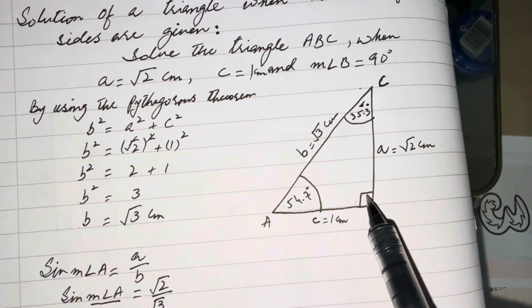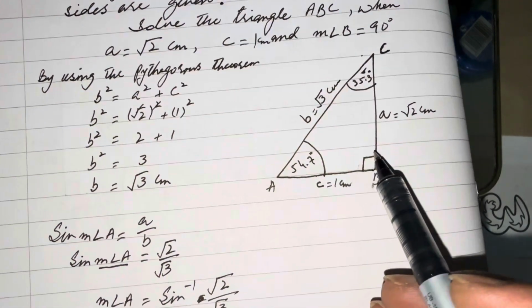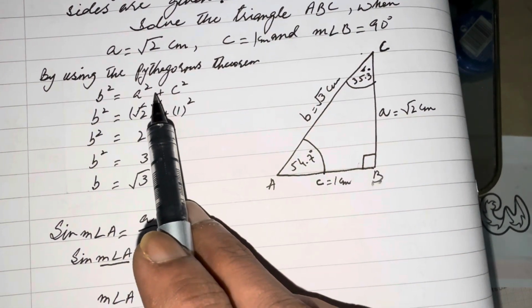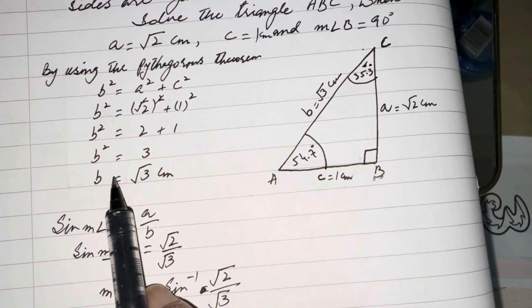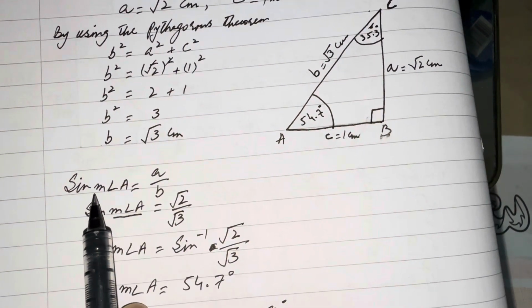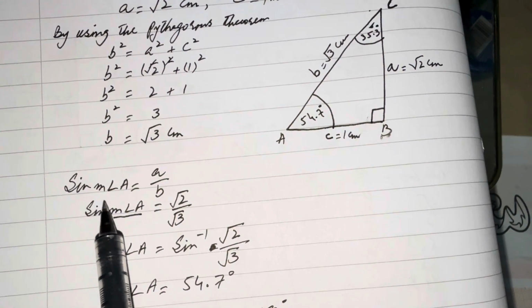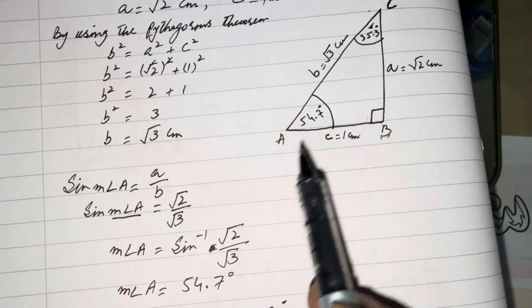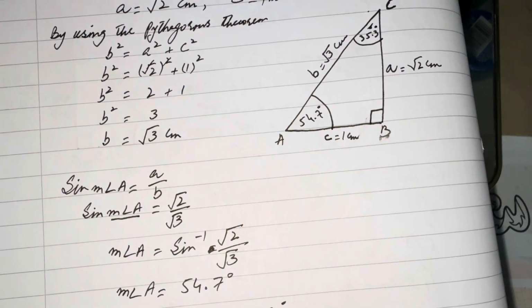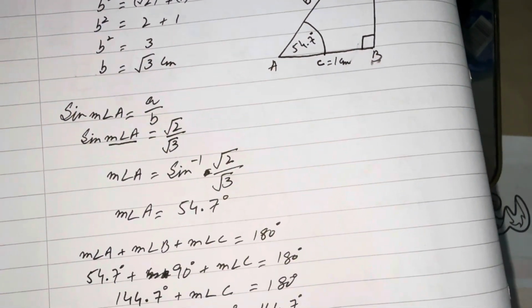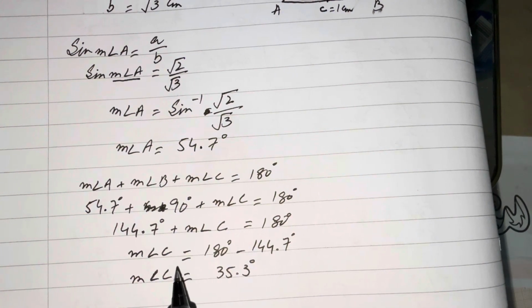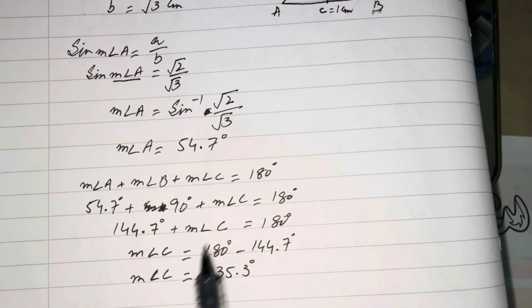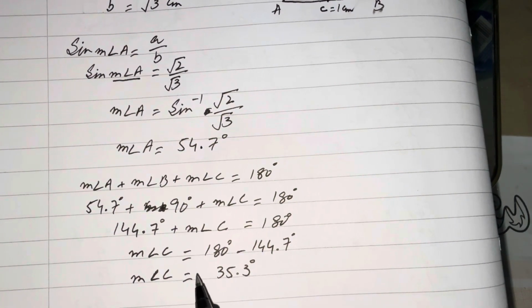So with the help of the Pythagoras theorem, first we find the length of one side, and after that, by using any trigonometric ratio, sine, cos or tangent, we find the angles of the right angle triangle. So that's how we can find the lengths of the sides and the angles of a right angle triangle.